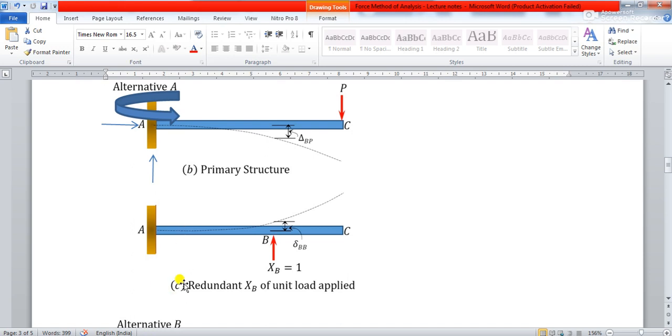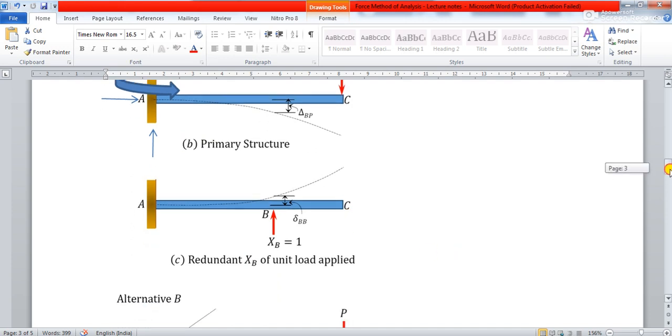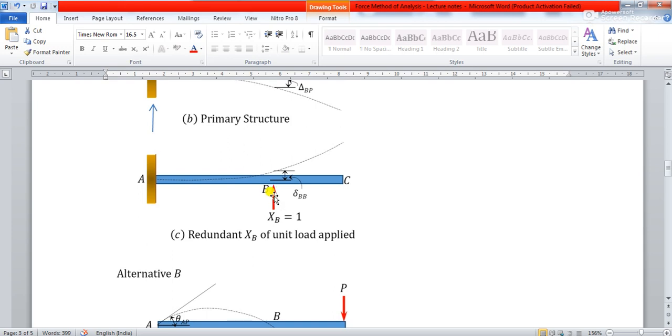You see, in this figure C, you can see that no external loading is being applied on this structure. And what you do, if you apply the redundant over here, you don't know what is the value of the redundant, right? So instead of applying the redundant force, because you don't know its value, what you have to do is apply one unit force.